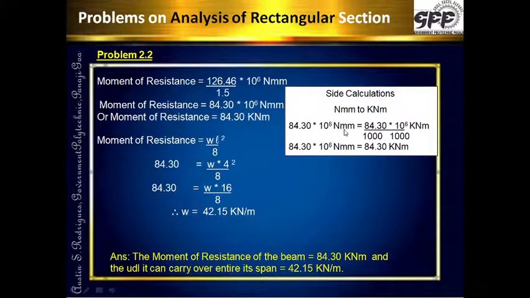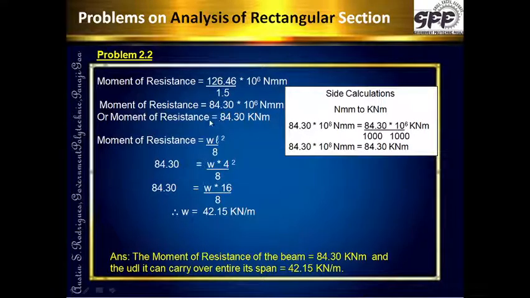Similarly, from millimeters to meters, millimeters is small, meters is larger, 1000 millimeters is equal to 1 meter, so 1000 is down. So when we solve this, we get 84.30 × 10^6 Newton mm will be equal to 84.30 kilonewton meter. So we get the moment of resistance of this beam as 84.30 kilonewton meter.